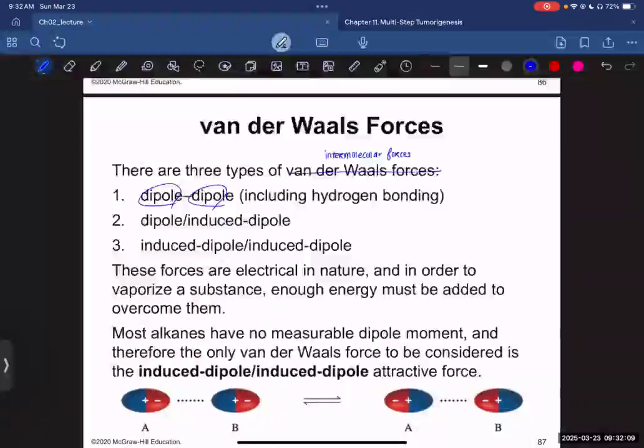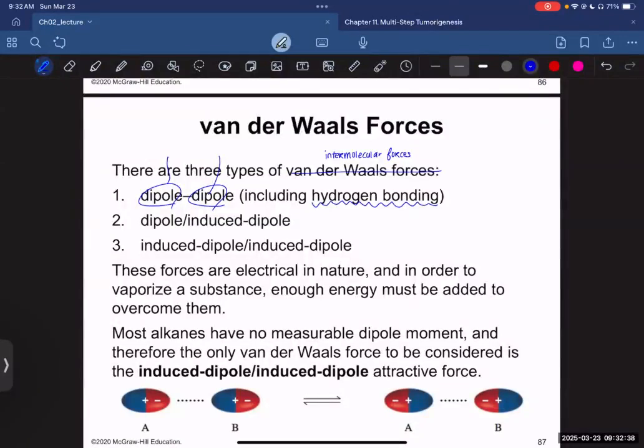This is going to be the major type of interaction shown in hydrogen bonding, because in water molecules, for example, each water molecule has a dipole, and that's what allows the attraction between one pole and the other. And so this is going to be the strongest type of intermolecular force present.